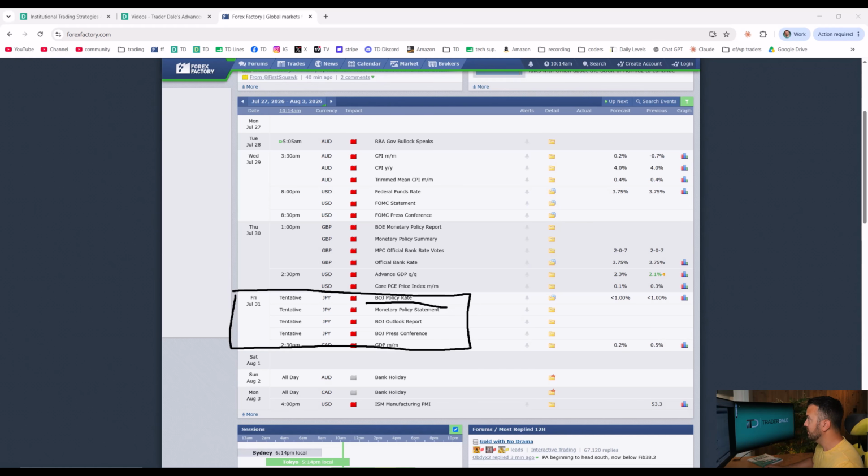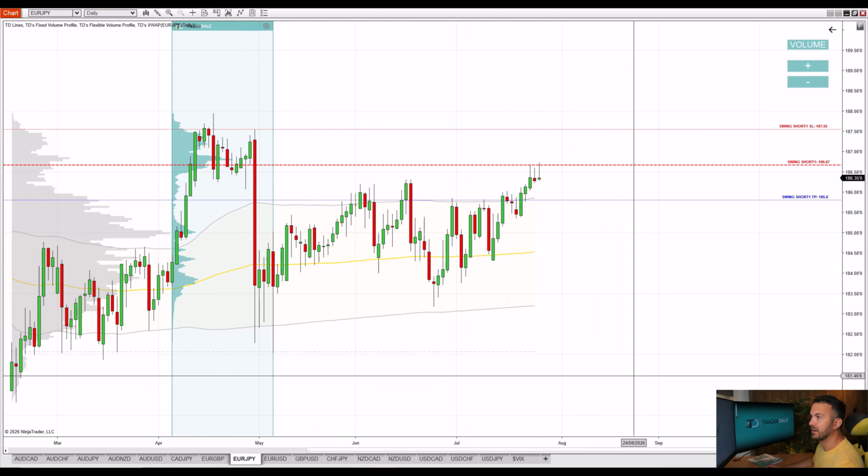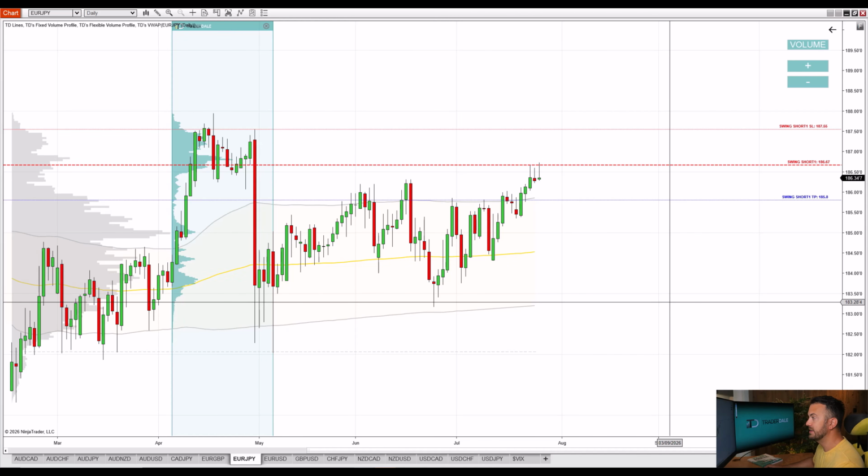So since this is Euro Japanese yen, you want to be careful and you want to quit the trade before the news, right? No matter where the price is, just quit the trade before the news. Okay, so yeah, that's the short on the Euro Japanese yen.